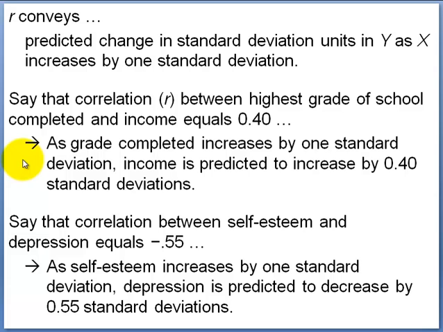So, I mean, it's formally correct to say as income increases by 1 standard deviation, the highest completed grade of school is predicted to increase by 0.40 standard deviations. But that's not helpful, because it's reversing and confusing the independent and dependent variables.